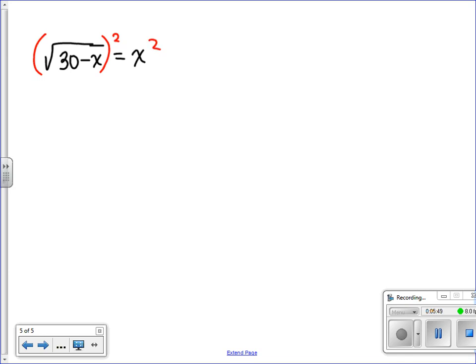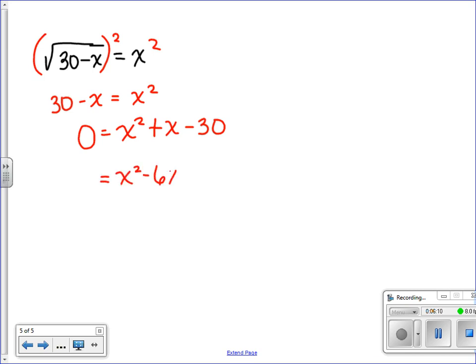Square and square. I end up with 30 minus x equals x squared. Move everything to one side. Two numbers that will multiply to give me negative 30, but add to give me a positive 1. 6 and negative 5. So I'm going to take out an x from this one, and a negative 5 from this one.